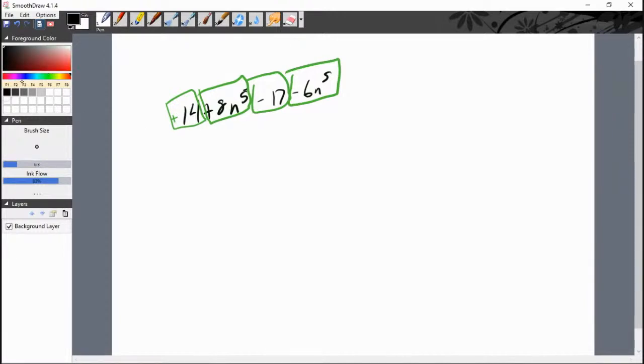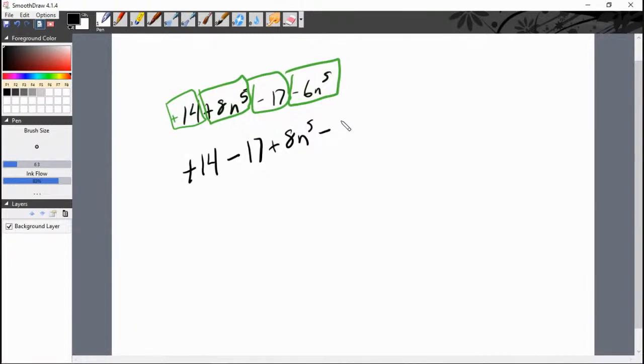So if we rewrote this, we could do positive 14, right? And then we bring the 17 over, minus 17. Then we rewrite positive 8n to the 5th power.